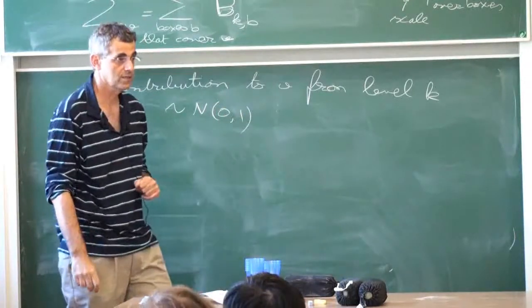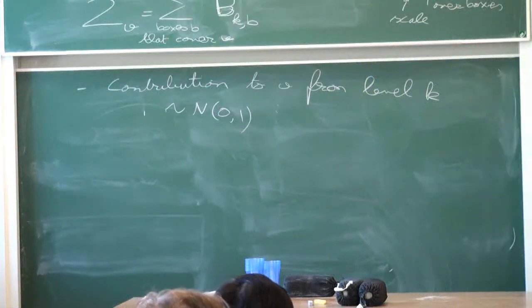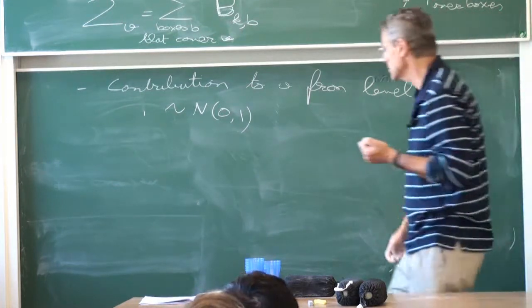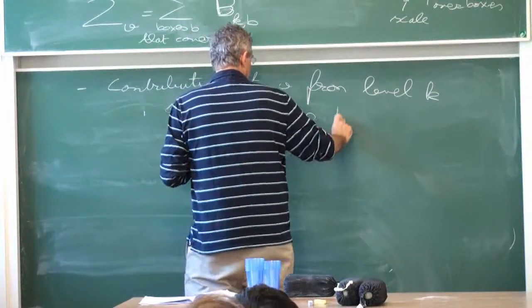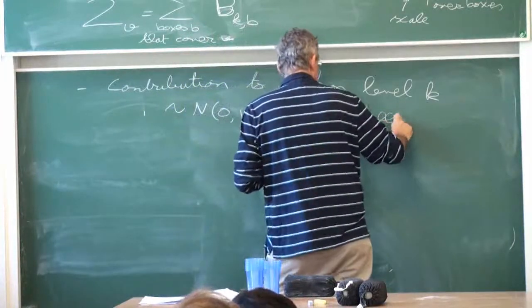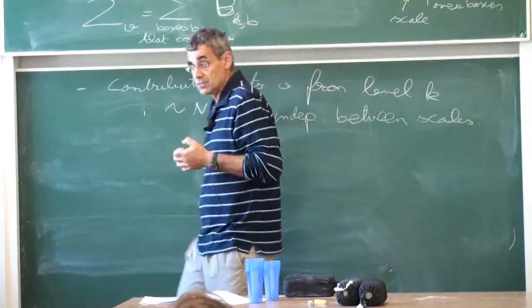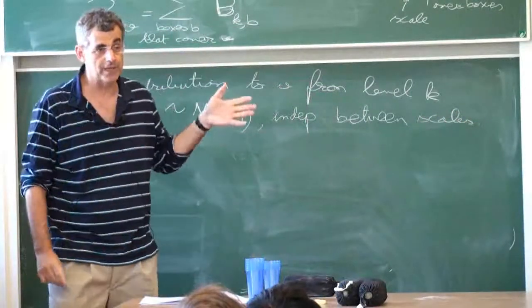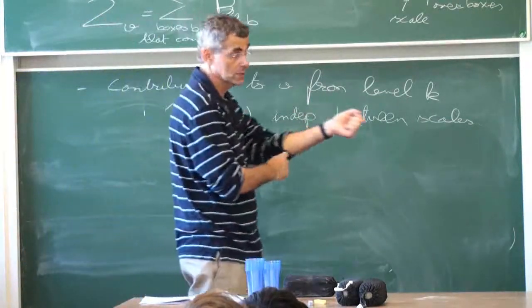That's how I rearranged everything. And it's IID between scales, independent between scales, because that's what I did in my construction. So in that respect, it's the same as branching random walk. That was definitely the case in branching random walk.